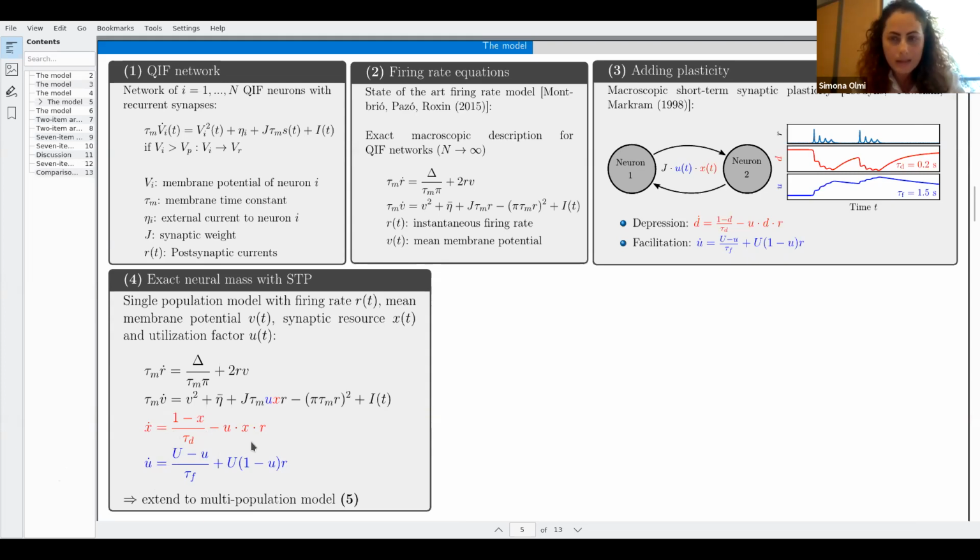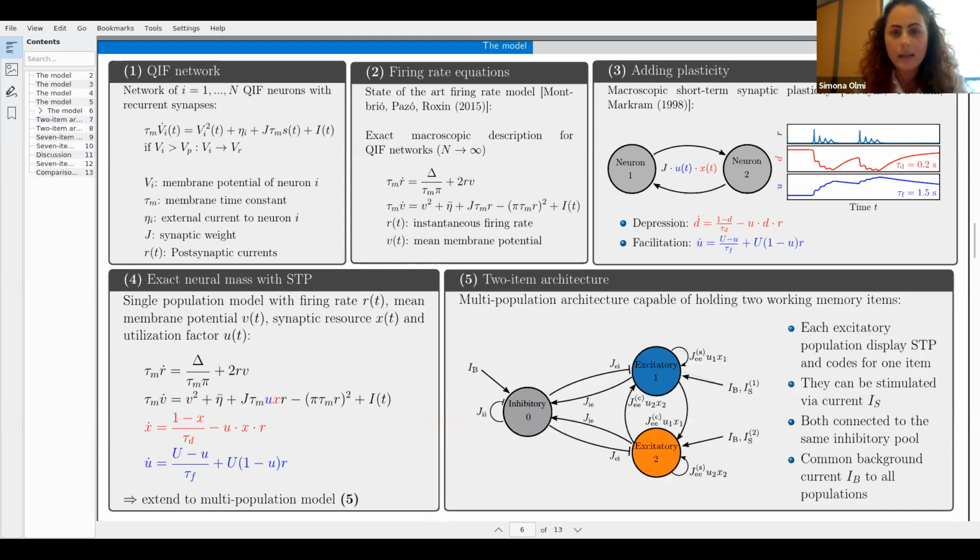So this is the basic model for one population that we can extend to a multi-population. The easiest kind of architecture that we have considered is this one that allows us to take into account the memorization and loading of two items, because it is composed of two excitatory populations that are connected to the same inhibitory one.